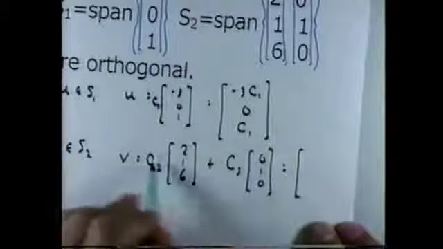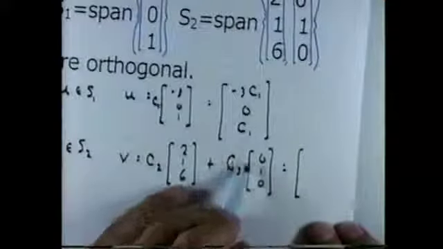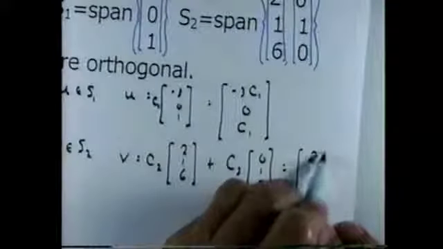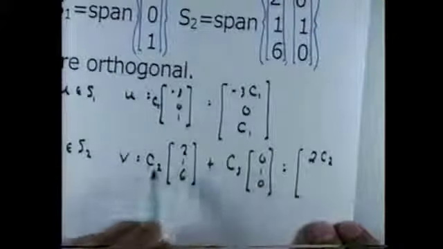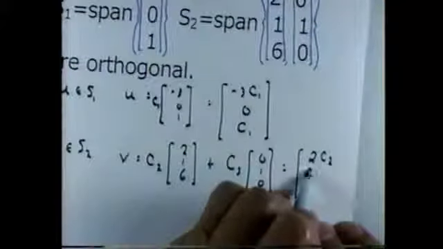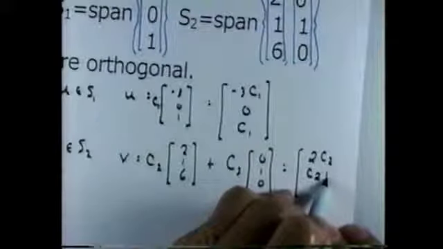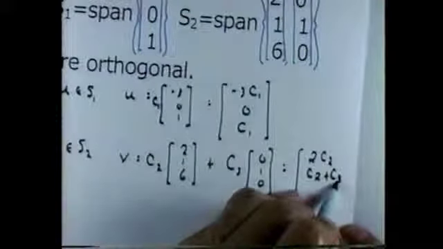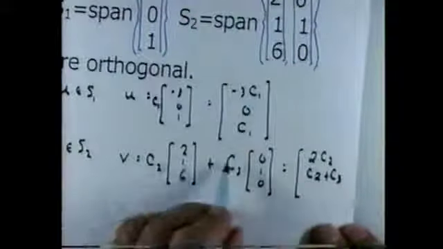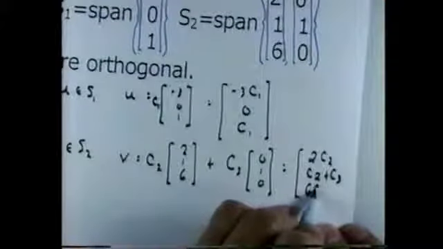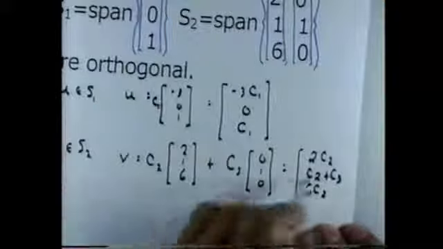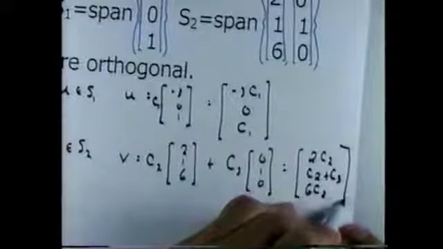Which would equal 2C2 plus 0, so it would just be 2C2, then C2 plus C3, C2 times 1 plus C3 times 1, then 6C2 plus 0. So this would be the form of V.